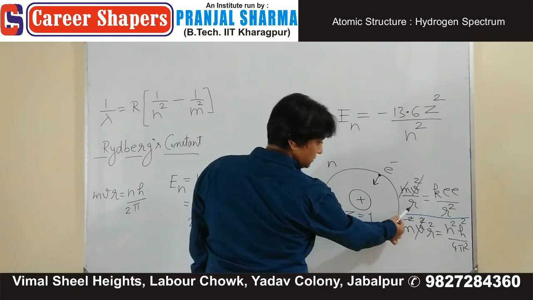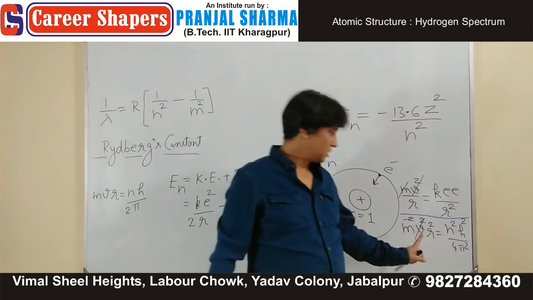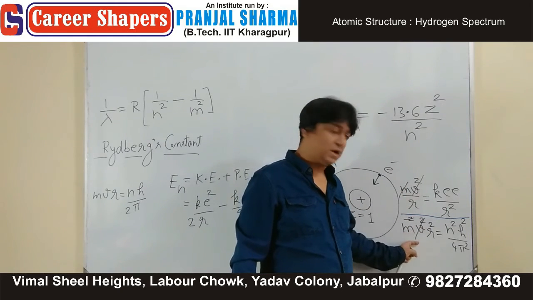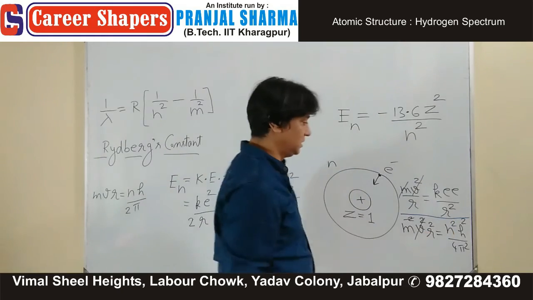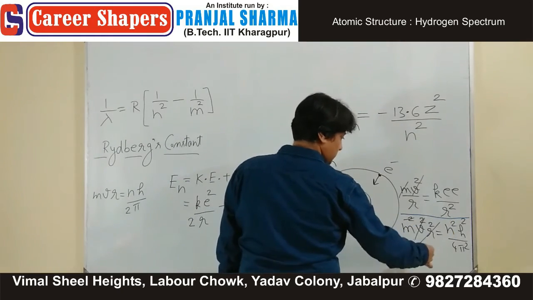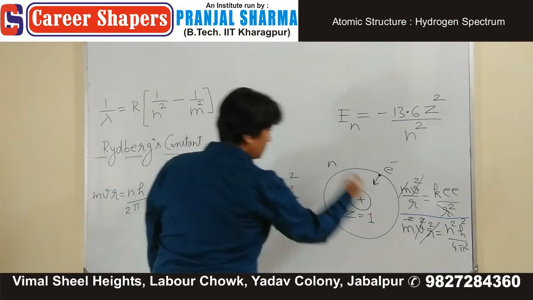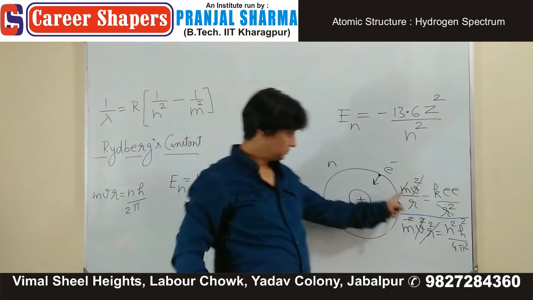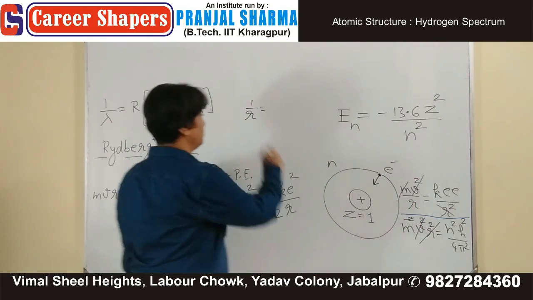This is r². Look carefully. This is r², this is 1 upon r². This r² and this r² are cancelled. This and this are cancelled. So you get 1 upon r, and the term of m.